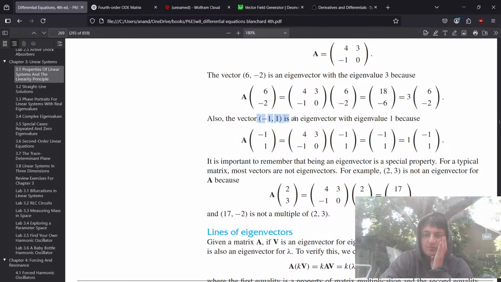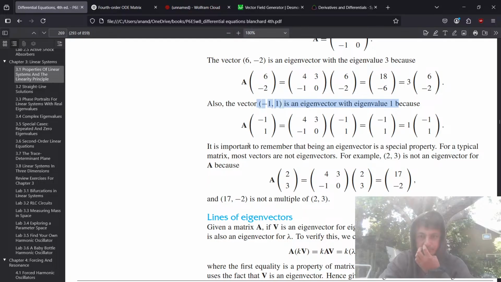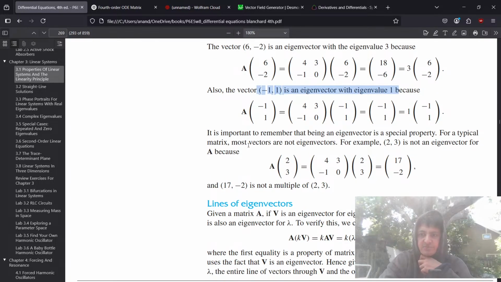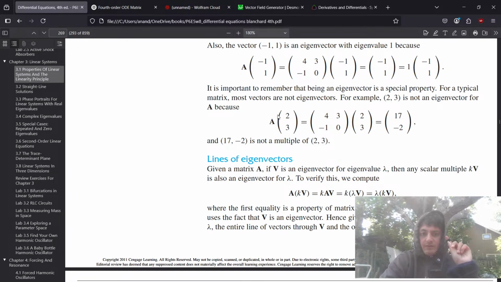Also, the vector (minus 1, 1) is an eigenvector with eigenvalue 1. It is important to remember that being an eigenvector is a special property. For a typical matrix, most vectors are not eigenvectors. And (17, minus 2) is not a multiple of (2, 3).